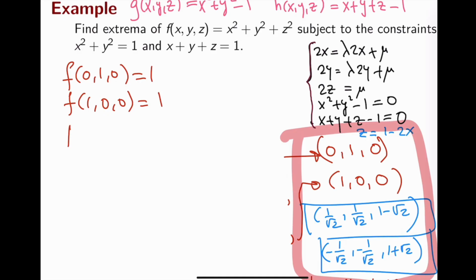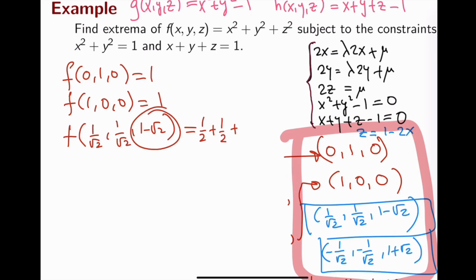So now if we evaluate the function at this point, 1 over root of 2, 1 over root of 2, 1 minus root of 2. So we have to do the square of each one, right? That's what we need to do for this function. So the square of the first one will be just 1/2, plus 1/2, plus the square of this, that is 1 minus 2 square root of 2 plus 2.